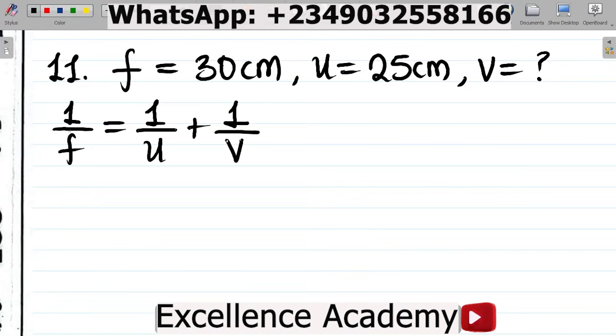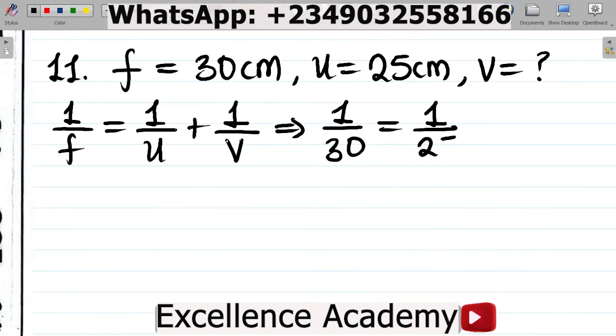We'll have that the inverse of the focal length is equal to the inverse of the object distance plus the inverse of the image distance. Let's impute values. So I have 1 all over the value of f, which is 30. It's equal to 1 over U, which is the object distance, 25, plus 1 over V. V there is the image distance.